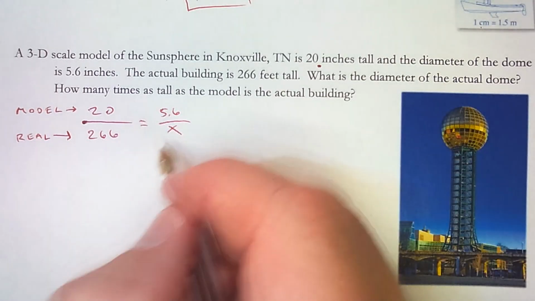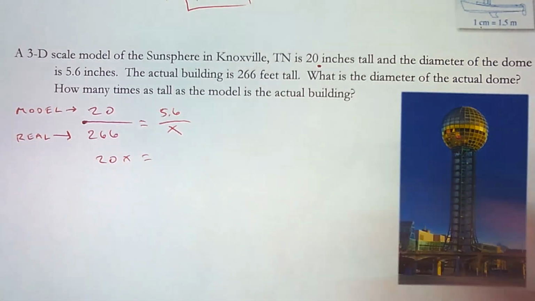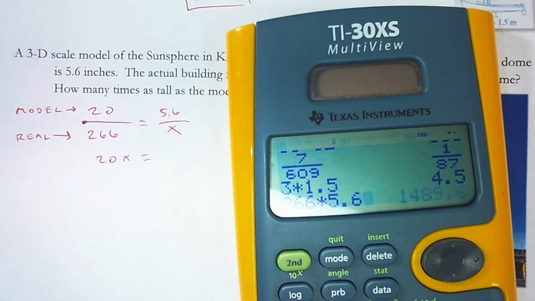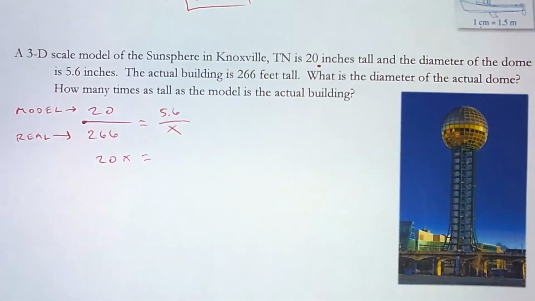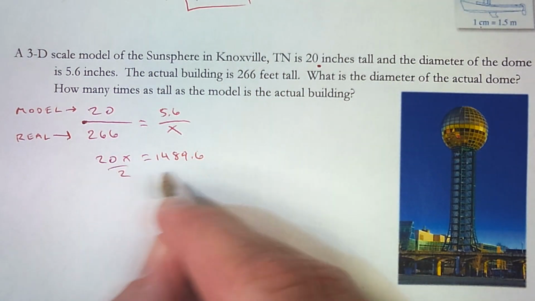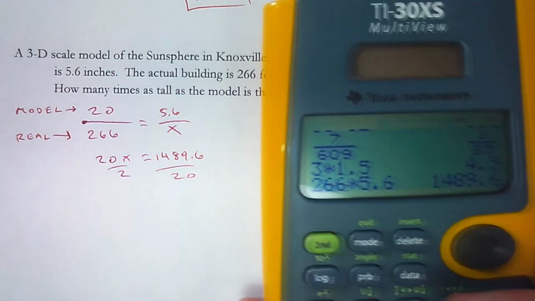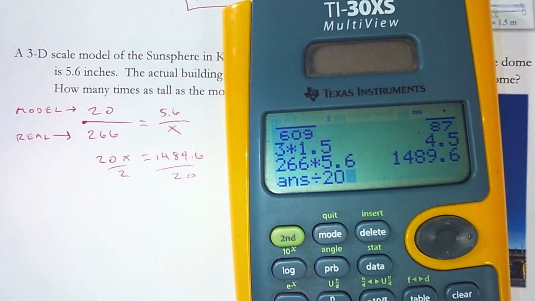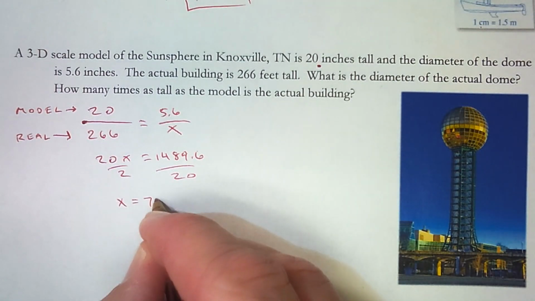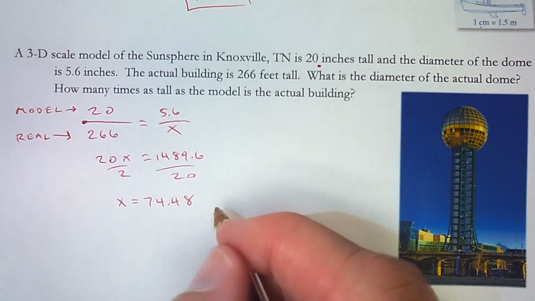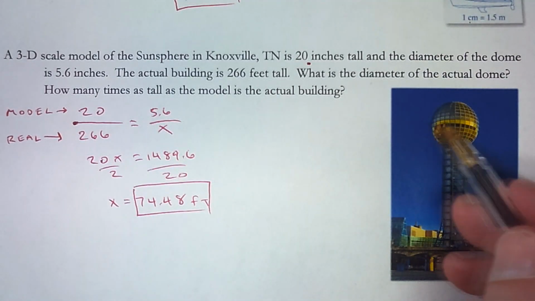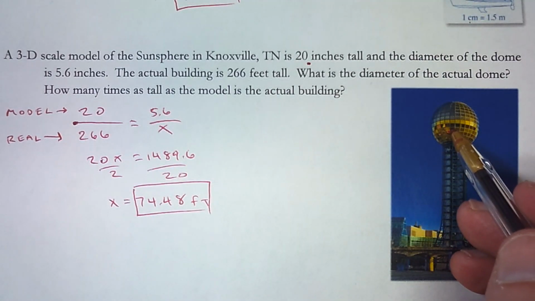Okay, so we've got cross products of 20x and 266 times 5.6, 1489.6. And we will divide by 20 and get 74.48. So it is 74.48 feet across the actual dome.